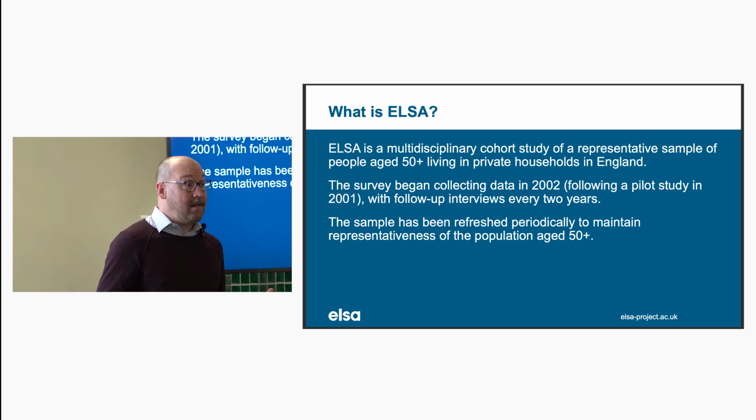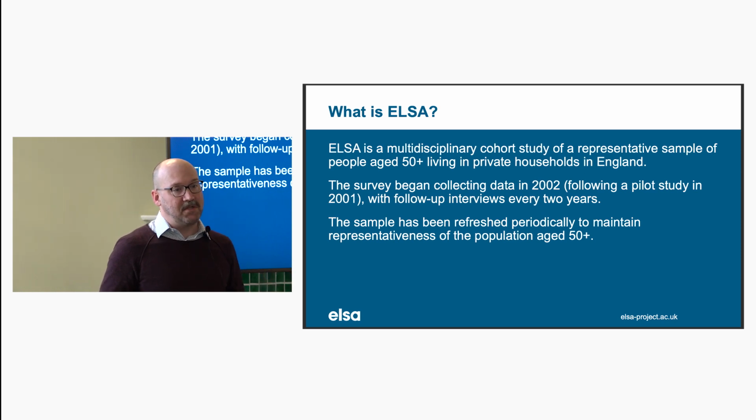But alongside this very multidisciplinary study, we have an extensive amount of data that's been collected for a very long time. So this is the longitudinal component. There was an initial pilot study back in 2001 to help clarify things and get it set up.